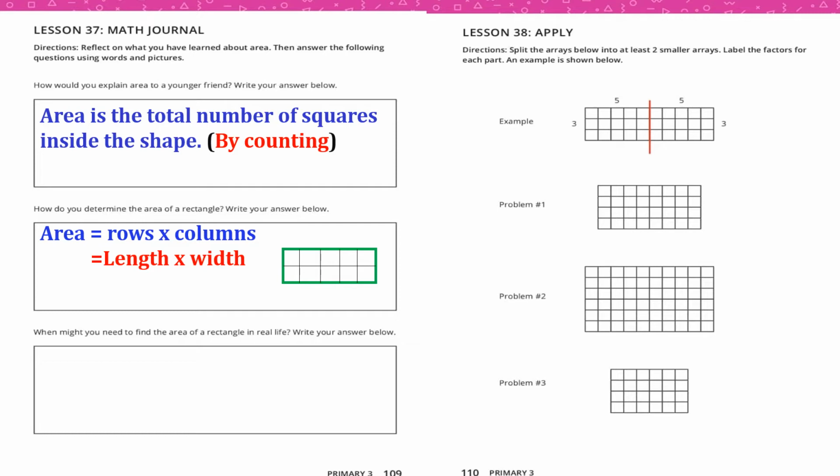What are length and width? Length is the longest side, and width is the shortest side. We said in the shapes that a rectangle has 4 sides. 2 are long and 2 are short. So the longer side is called length, and the shorter side we can call width.